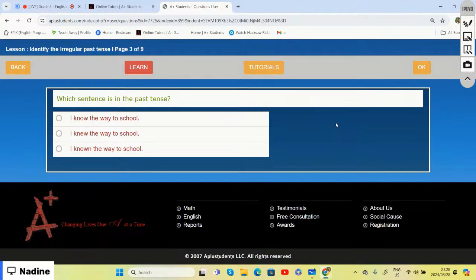The next one says, I know the way to school, or I knew the way to school, or I can say I known the way to school. We need to choose the correct irregular past tense.